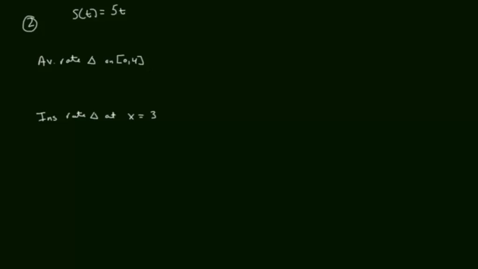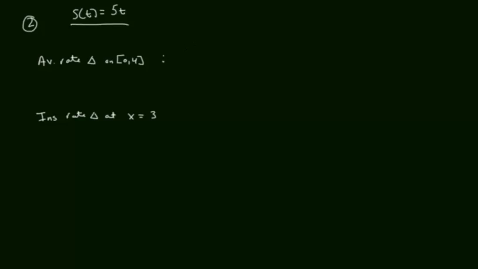Okay, let's go to example 2. It gives us a function s of t equals 5t. It wants us to find two things: the average rate of change on 0 to 4 and the instantaneous rate of change at x equals 3. So here, this is just a change in y over change in x, or change in s over change in t.